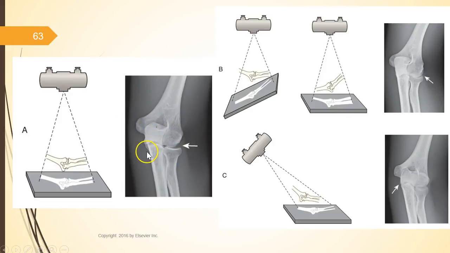Now the olecranon, I call that a hook, looks like it's hooked in a different way, and this bone is kind of jammed up into the humerus. And so he would say there was something wrong with this person. Now, if you have the image receptor correct and the person correct, but you angled your tube, now look at it.